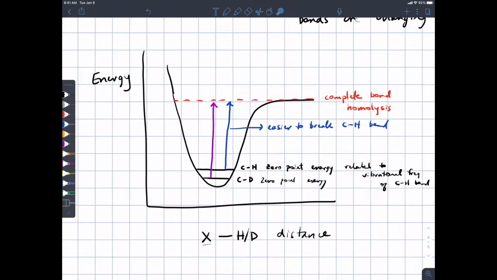We've seen, looking at those transition states that I just showed you, that bond breakage is often not complete in the transition state. So to the extent that we don't have to get all the way up here, the difference in activation energy between hydrogen and deuterium might actually not be as big as we've shown here.